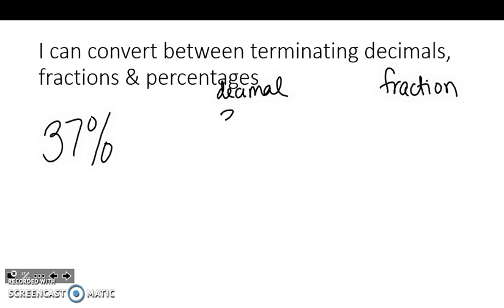All right, I'm going to rewrite that percent without the percent sign for the decimal. Now notice right now there is no decimal in that number. If there is no decimal that you can already see, that means it's automatically at the end. So I'm going to put the decimal at the end, and then in order to change it from a percent to a decimal, you need to move the decimal to the left 2.